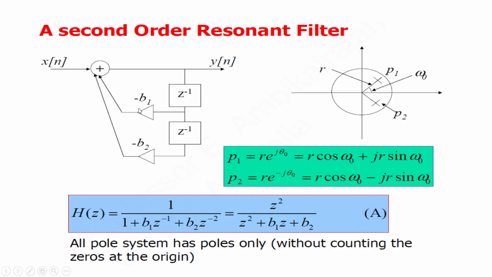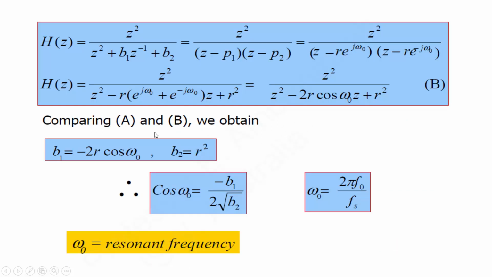And if this is the structure of the filter, then this will be the transfer function of the filter: 1 over 1 plus b1 z to the power minus 1 plus b2 z to the power minus 2, and you multiply with z square on the numerator part, and the denominator part you can modify the expression like this. An all pole system has poles only, without counting the zeros at the origin. So zeros will lie at the origin, that we have already discussed.